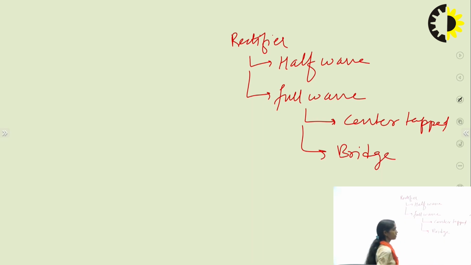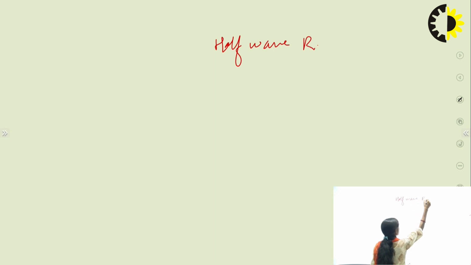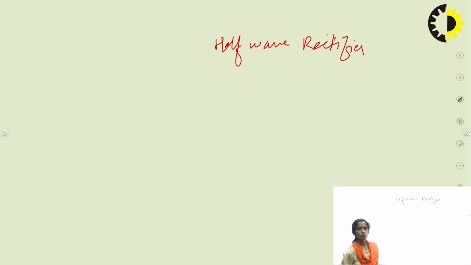So let us see the different types of rectifiers one by one. First of all, we start with the half wave rectifier. Half wave rectifier is a circuit in which one cycle is used to flow the current, and the other cycle is not used. So in this, one cycle is operating and the other cycle is not operating.